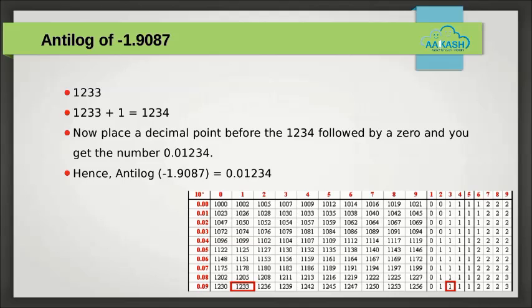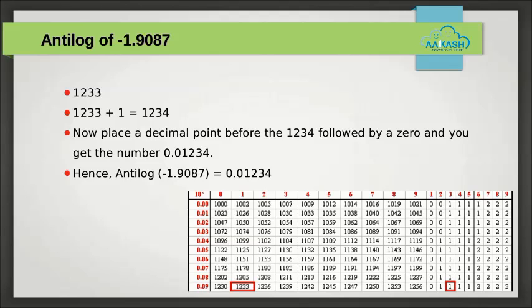Secondly, in the same row we will move to the columns of mean differences and look for the column headed by 3, as 3 is the next digit after 1 in the given number. Here we obtain 1. Now add both the obtained values, that is 1233 and 1, which equals 1234.